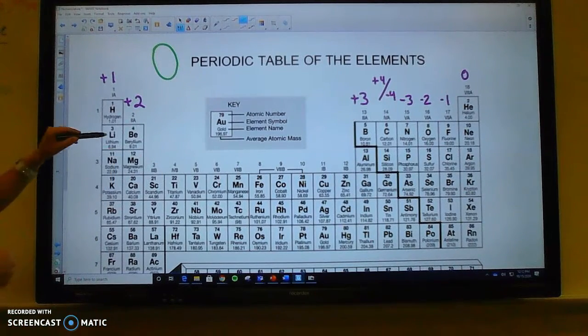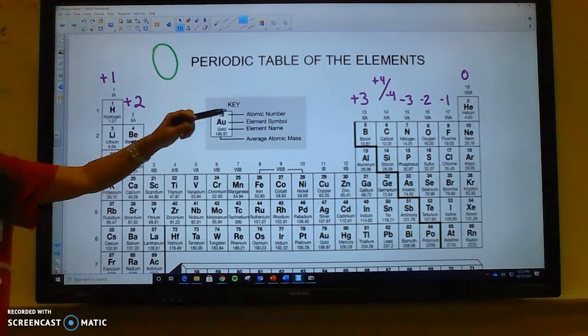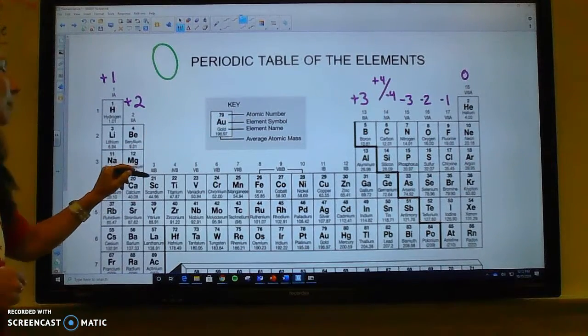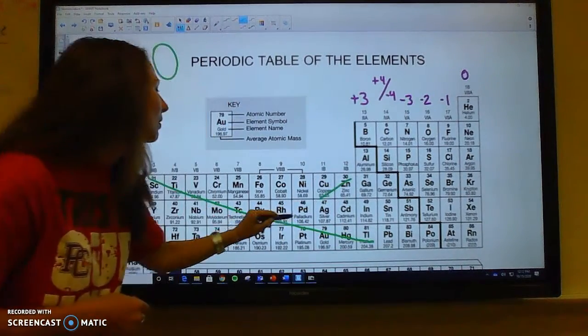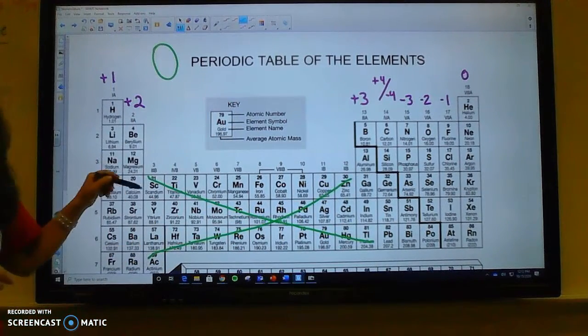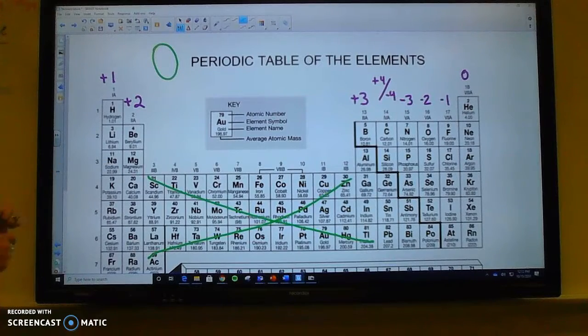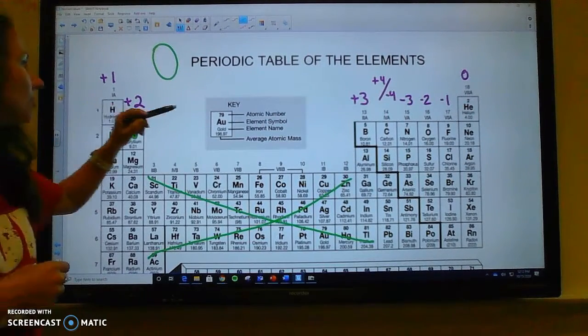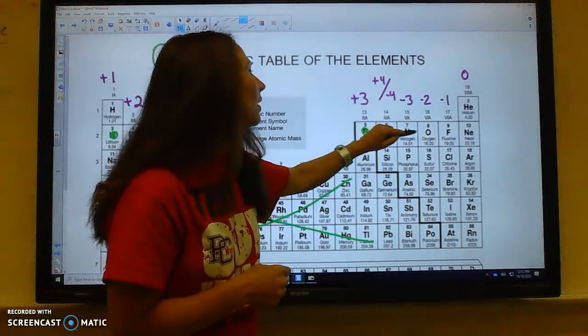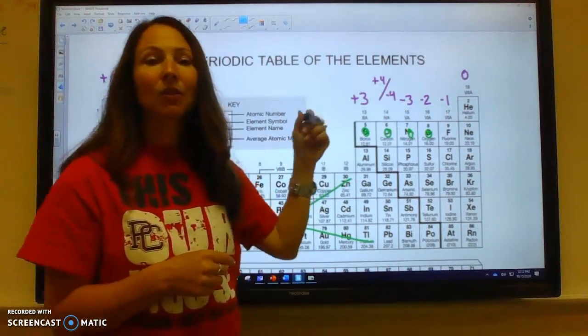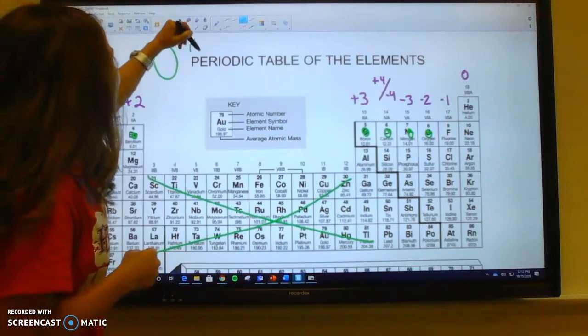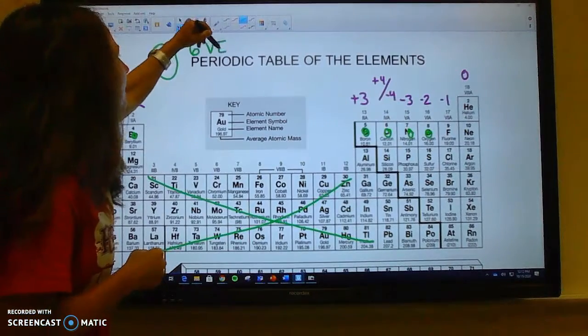You would count left to right the number of squares it takes to get to your element, skipping over that middle D section because those are on a different energy level. So for oxygen, it's way up here, so we just count 1, 2, 3, 4, 5, 6. It's 6 squares across. So oxygen has 6 valence electrons.